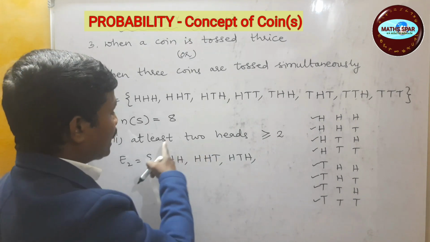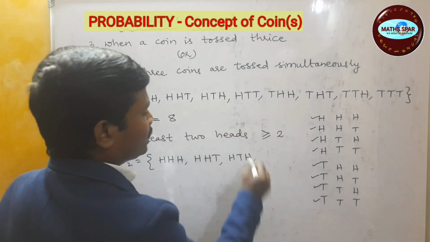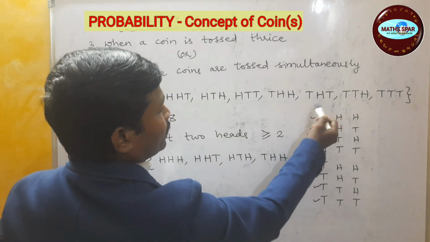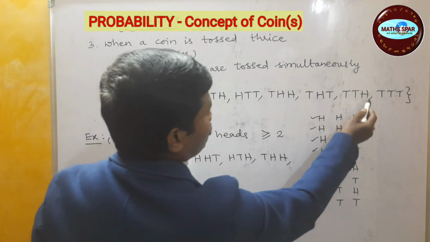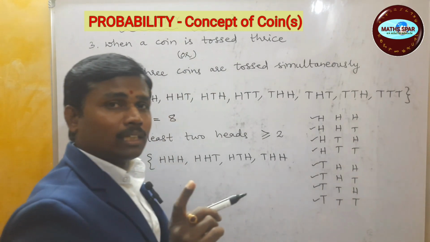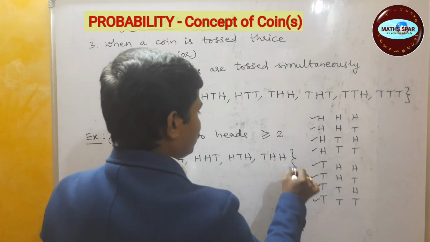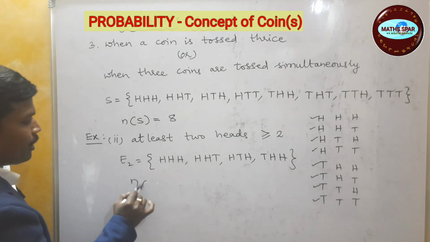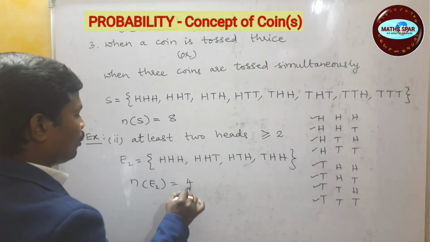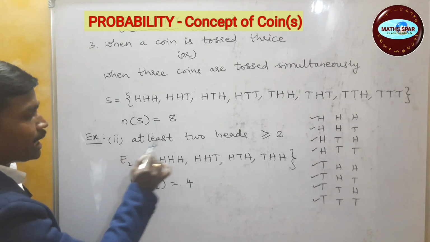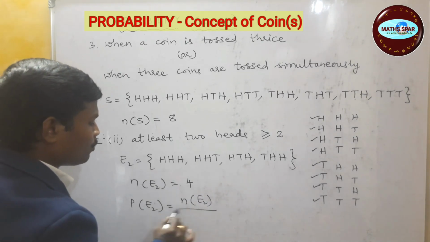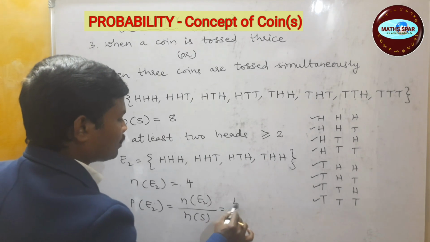HTT will not come because at least 2 should be there, but here only one head is there. THT will also not exist because only one H is there. TTH will also not exist because only one H is there. TTT will also not exist because there is no head at all. So n of E2 is equal to 4. So probability of getting at least 2 heads is n of E2 by n of S, that is 4 by 8.